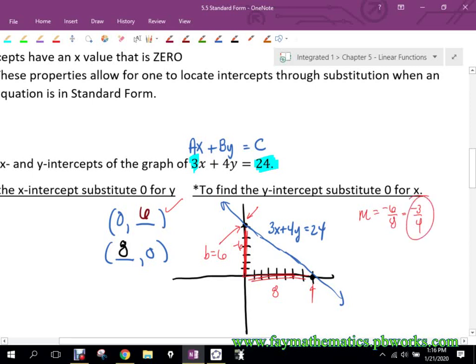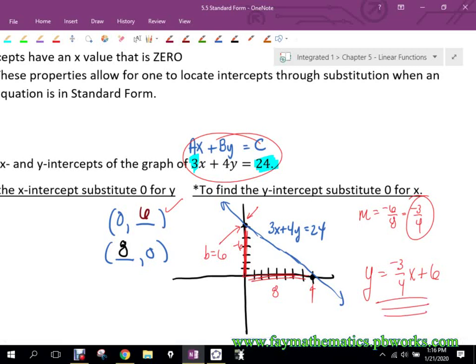Can I rewrite this equation, just based off of my graph, as y equals the slope times x plus my y-intercept? Does that make sense? Okay. That's one way of coming up with this equation in slope-intercept form: graph it using x and y-intercepts, and then just pull up the slope and the y-intercept.